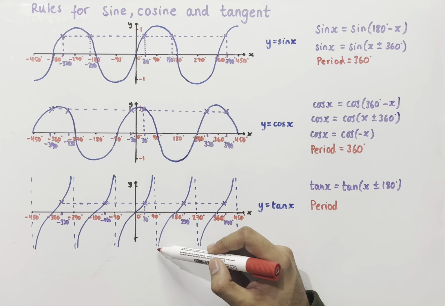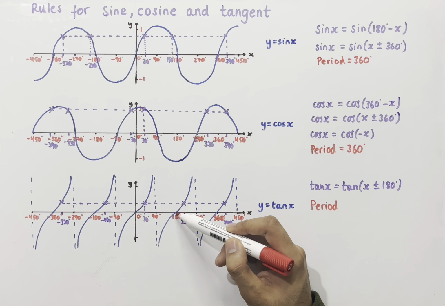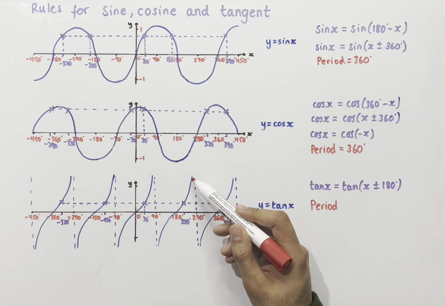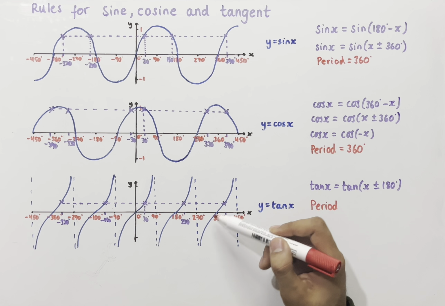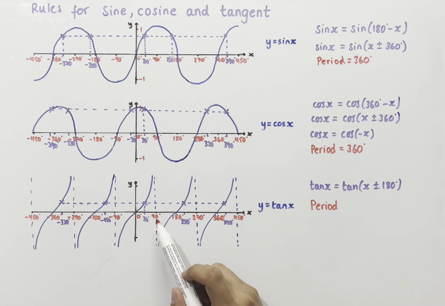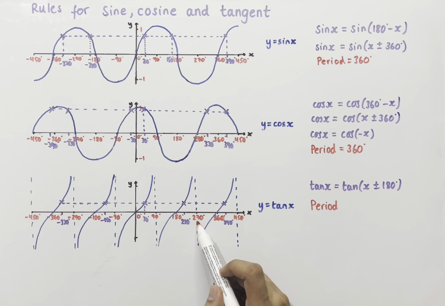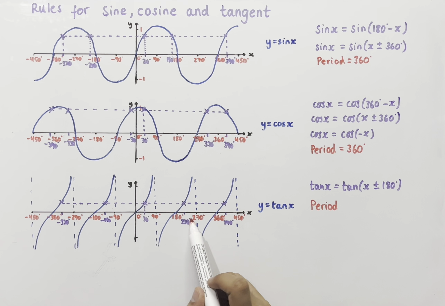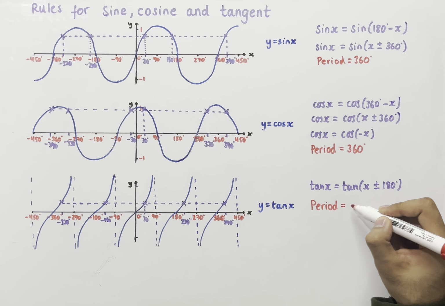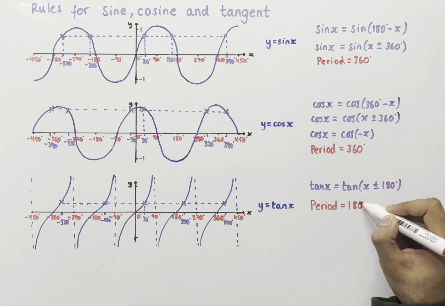This curve on the right hand side goes up at 180 and then up to this asymptote at 270. Then we can see that the curve repeats itself after 270 degrees. So between 90 and 270 degrees, we have one full cycle. So the period must be the angle in between. So 270 take away 90 gives us 180 degrees. And so the period of the tan graph is 180 degrees.